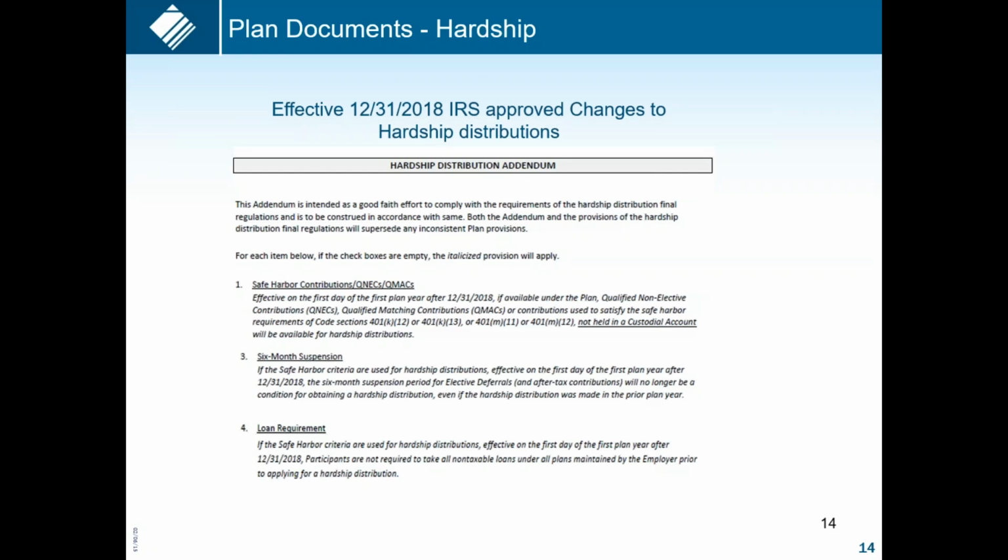As we had discussed previously in this recording, in 2018, there were some changes made to hardship distributions.